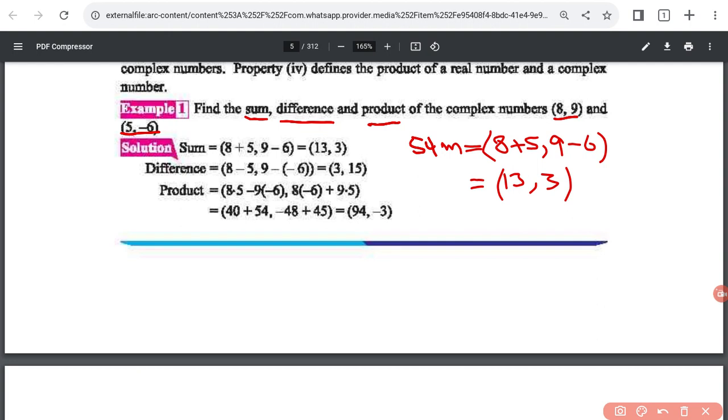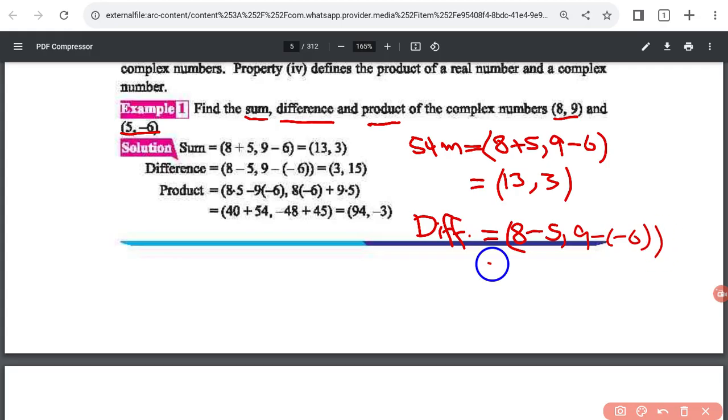So now we find the difference. The difference between these numbers: 8 minus 5, we are subtracting 5 from 8 and minus 6 from 9. So 8 minus 5 and 9 minus (minus 6).